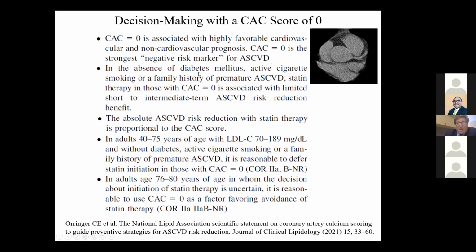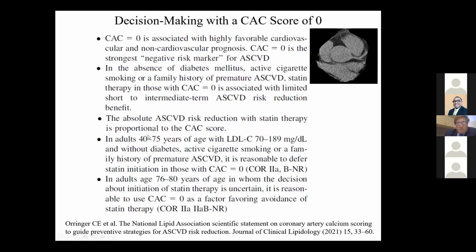And again, in the absence of other significant risk factors such as diabetes, smoking, history of premature disease, statin therapy in those with a score of 0 is associated with limited short to intermediate term risk reduction. The absolute risk reduction with statin therapy is proportional to the calcium score. So the higher the score goes, the greater impact you have.